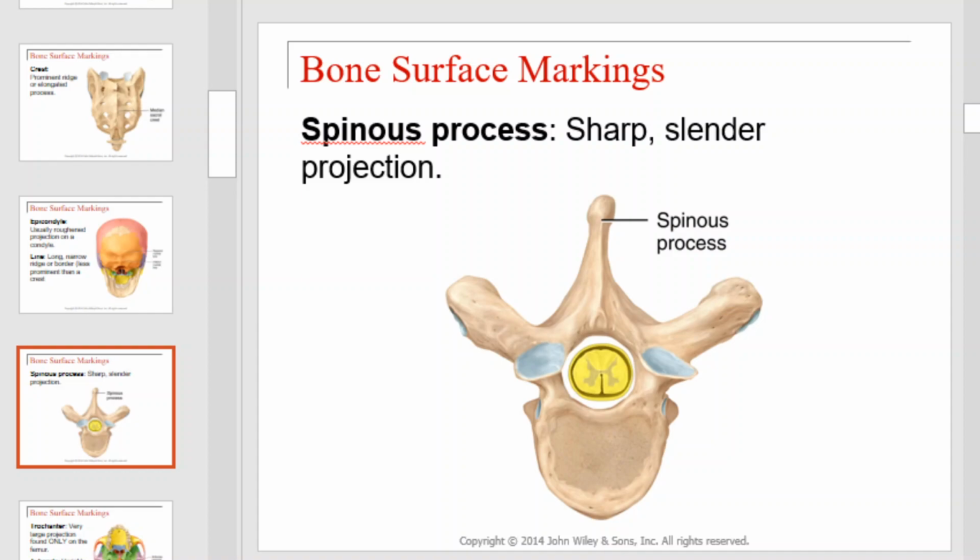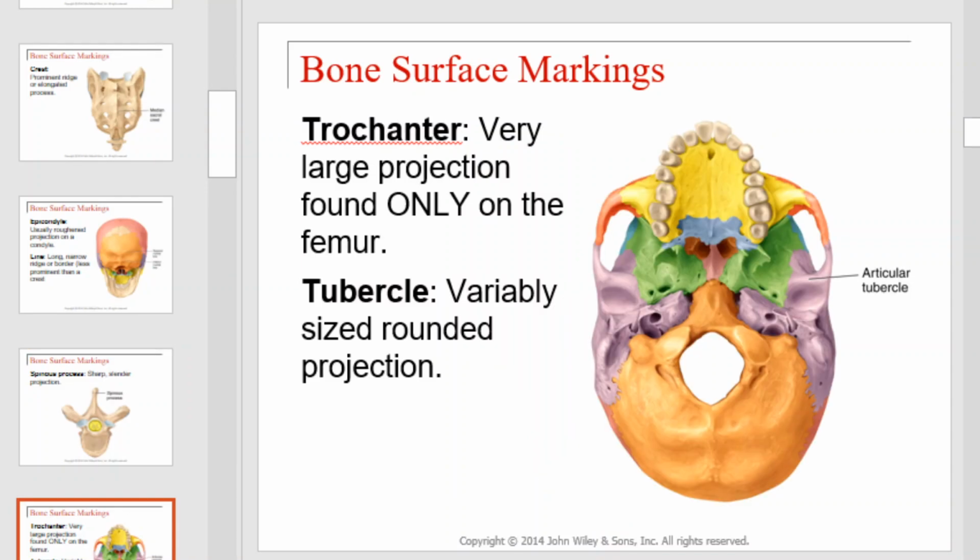Spinous process. Spinous process is a sharp, slender projection. On this slide, we can see the spinous process projecting from a vertebra. Trochanter. Trochanter is a large projection found only on the femur. Tubercle.